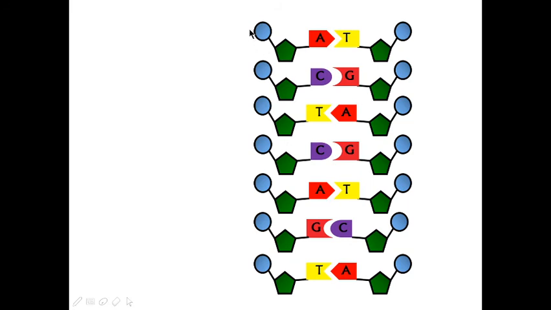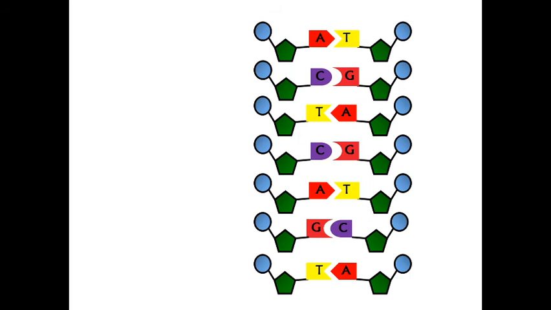Sugar and phosphate lie in the periphery of the helical axis, and inside the core you can find the nitrogenous bases connected with the sugar. Adenine pairs with thymine, cytosine pairs with guanine, so that it will be complementary and obey Chargaff's rule.